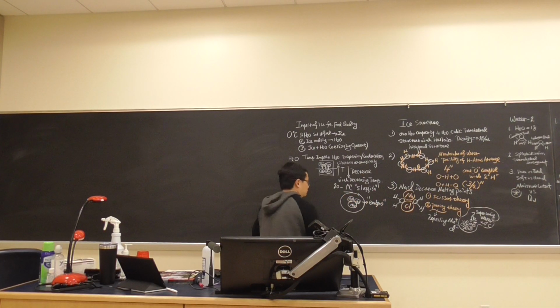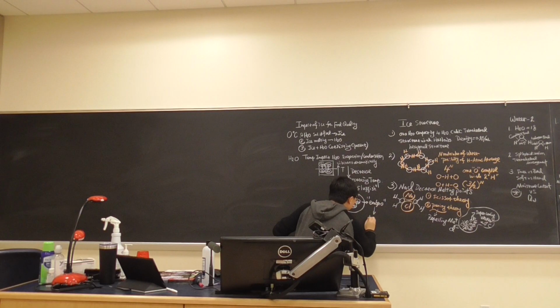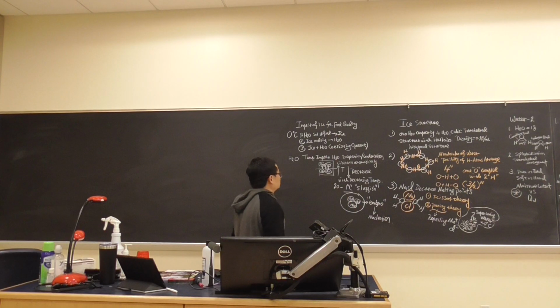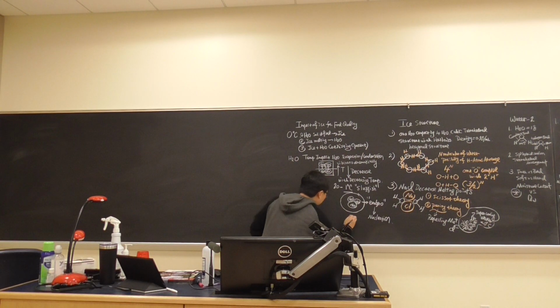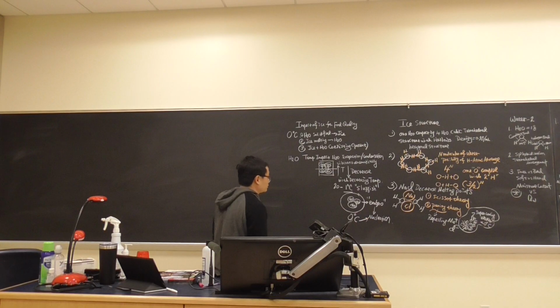This embryo will cause nucleation. Okay, that's some background information you need to know. The temperature decreases, they start to get sluggish, they stack together, have an embryo. Once the temperature goes to 0 degrees Celsius, nucleation starts to happen.